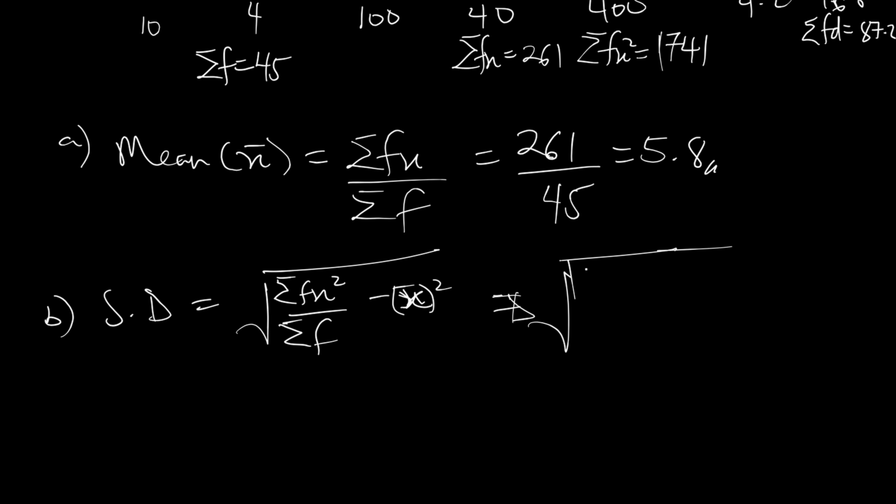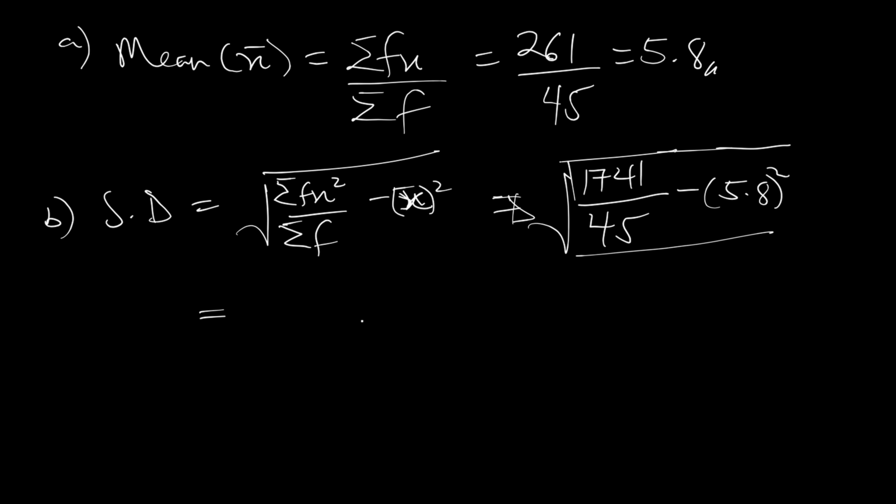So we have 1741 over the sum of f, which is 45, minus the mean, which is 5.8, all squared.